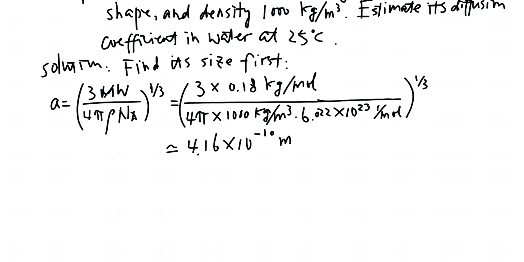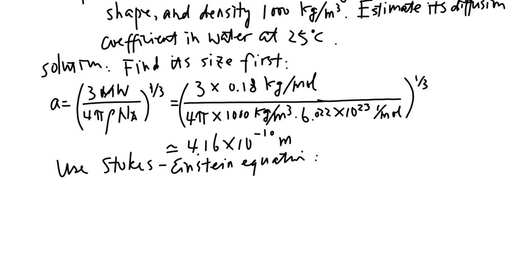Okay, now let's use the Einstein equation. D equals RT divided by 6 pi mu a.